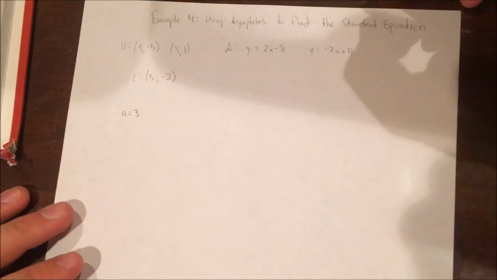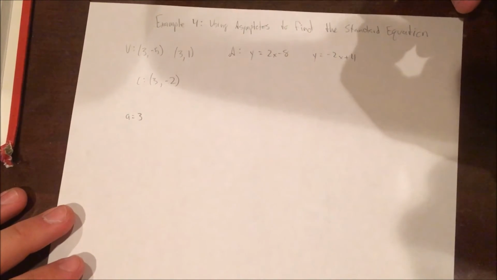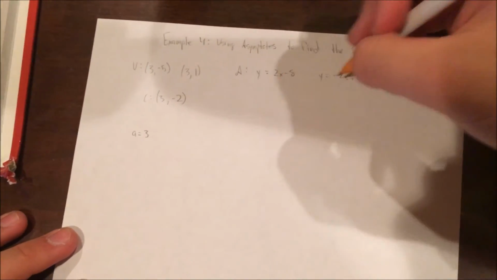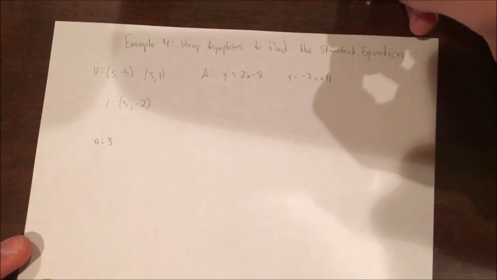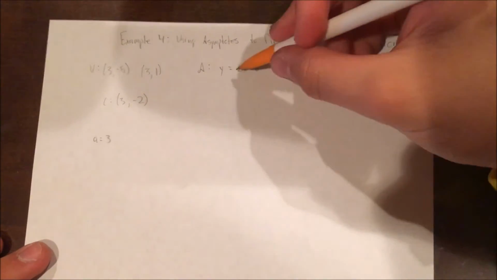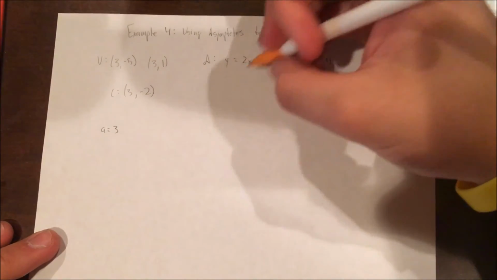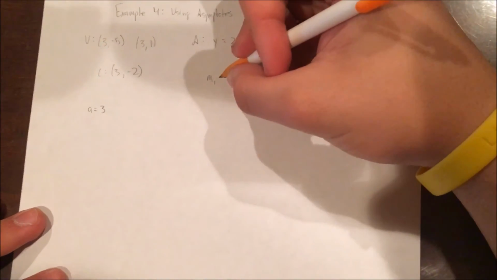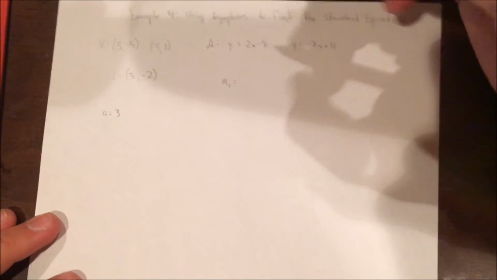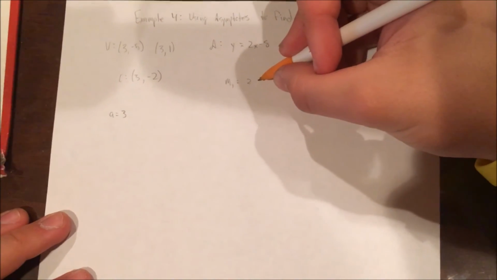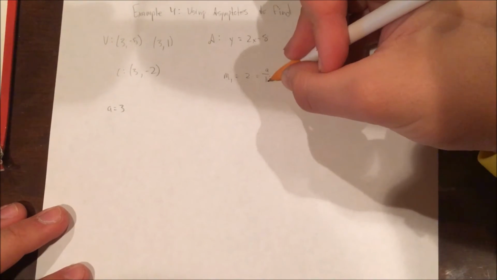Then you can use these equations right here for the asymptotes to determine the b value, using the slopes. With the first one, we're going to use m1 to represent the slope of this first equation. So m1 equals 2, which is equivalent to a over b.